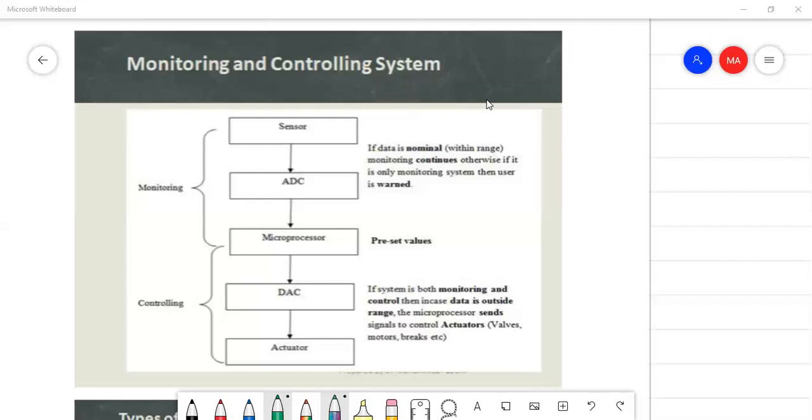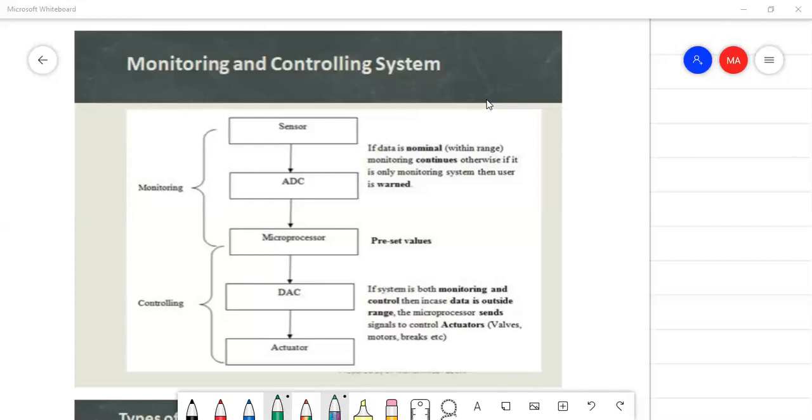So range means your received value lies between the minimum and maximum value, while nominal range means the accepted value received from a sensor.